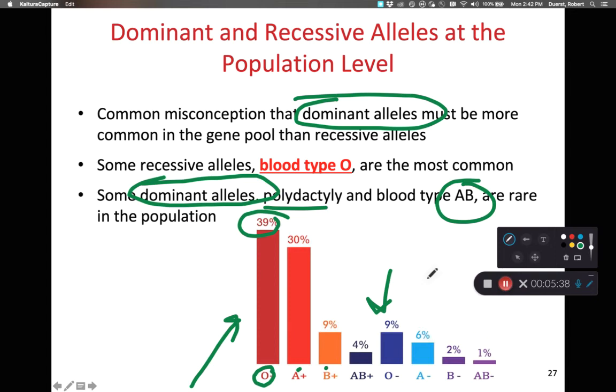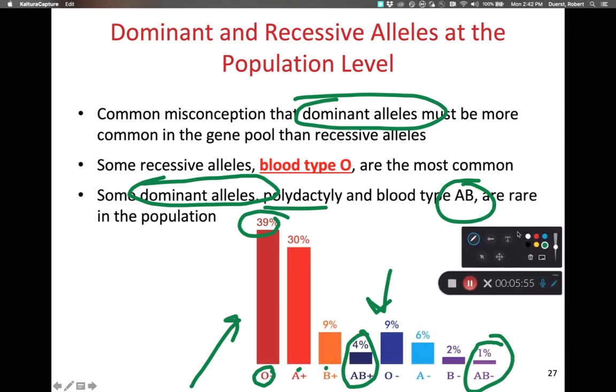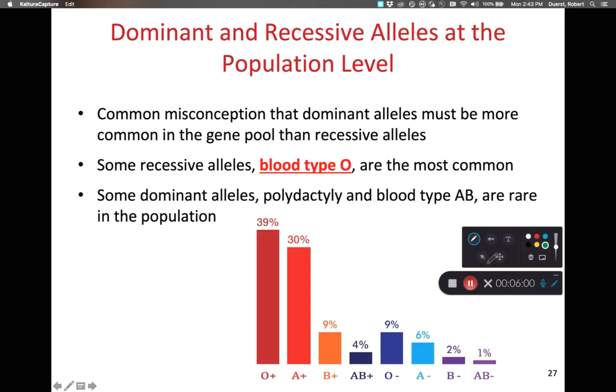Most US citizens aren't going to have both of those dominant alleles. Having the 2 dominant alleles is a 4% chance for AB positive and a 1% chance for AB negative. So we're looking at about 1/20th of the US population having the 2 dominant alleles for ABO blood typing.